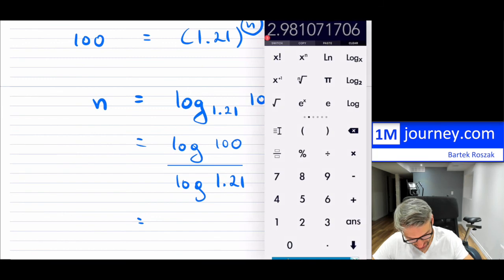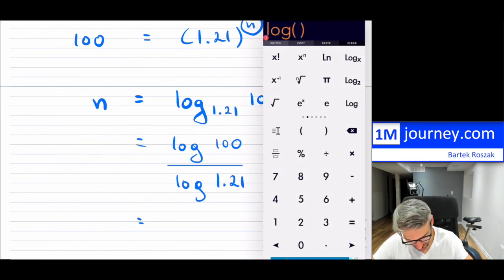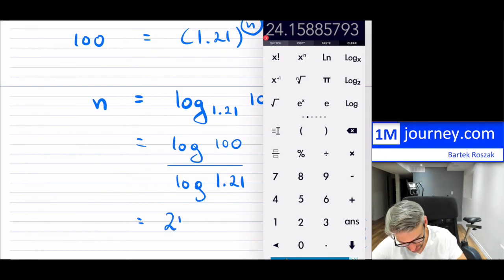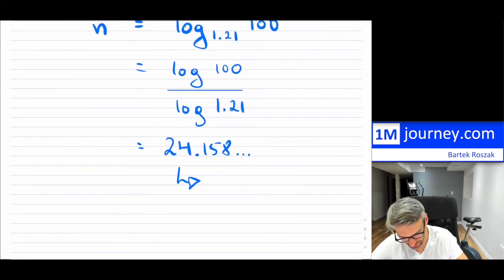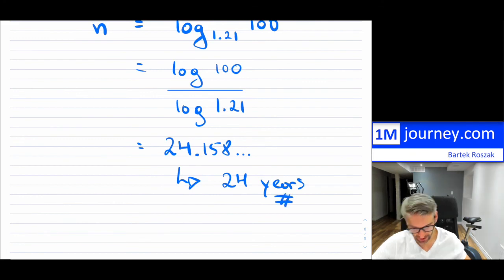And what does this give us? Log of 100 divided by log 1.21 is 24.158 and so on. So this is approximately 24 years. That's how long it would take. That's not bad.